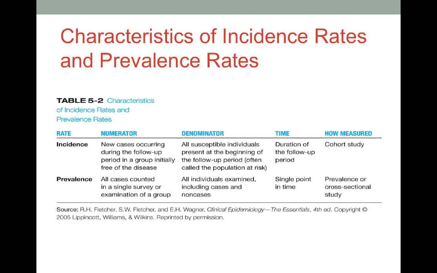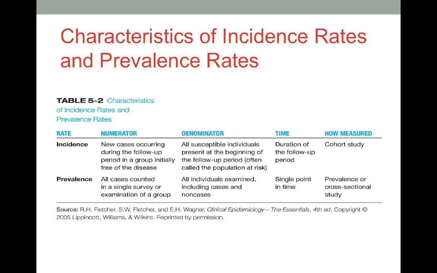Whereas for prevalence, you're doing a cross-sectional study at a single time point, and your numerator is all of the number of cases counted at that time, and the denominator is the number of individuals, including the cases and non-cases of a population.